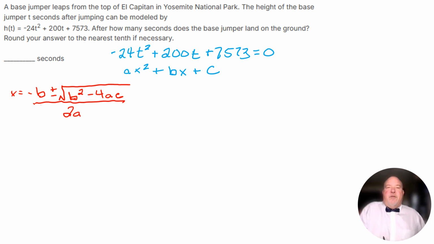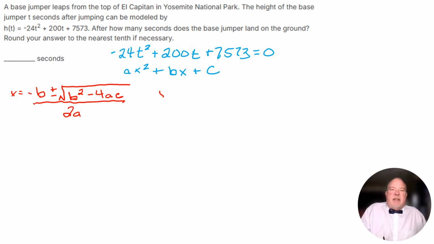That's the quadratic formula. And when you can't factor a quadratic, you can always use this formula. Even if you can factor it, the formula still works. It just usually is more work than factoring it. So we have our a, b, and c values here. We talked about that. Now we just simply plug them into the formula and do the math. So let's get started on that.